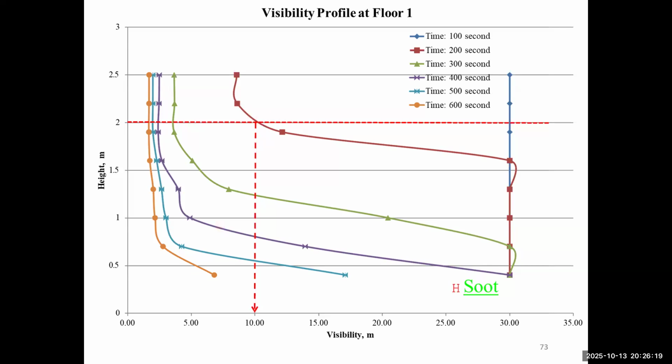Okay, so the temperature profile, smoke profile, and visibility profile are all from our fire dynamic simulation. And it is a very important critical time and also a very important simulation for the escape routes for our designer.